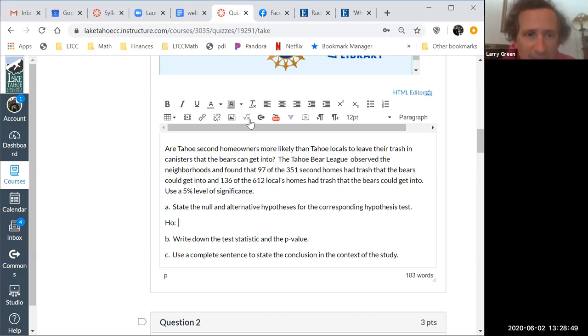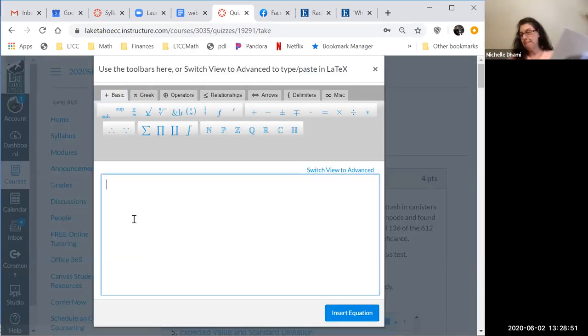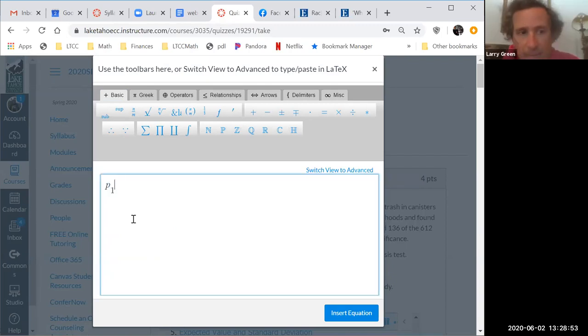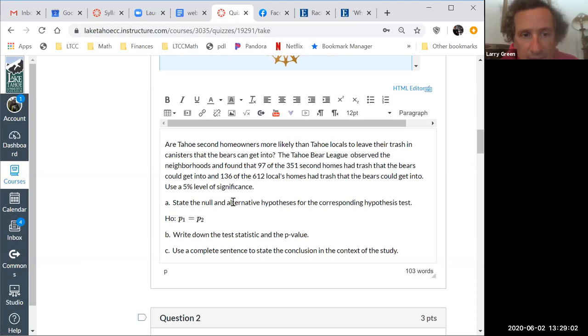So P sub 1 is equal to P sub 2. If you want, you could do P sub S is equal to P sub L, for second homeowners and locals.